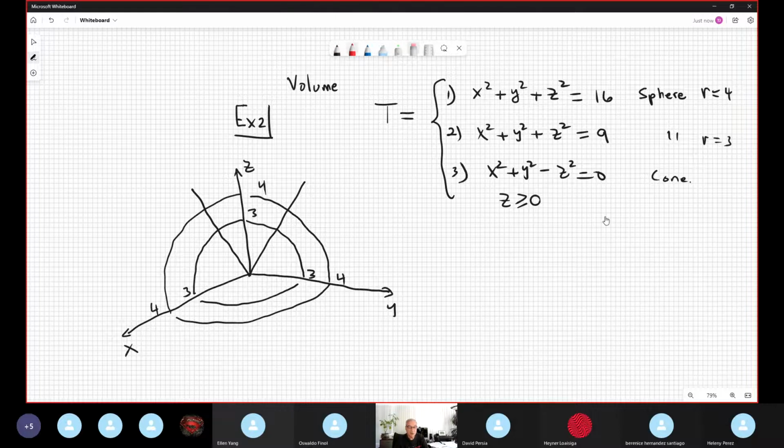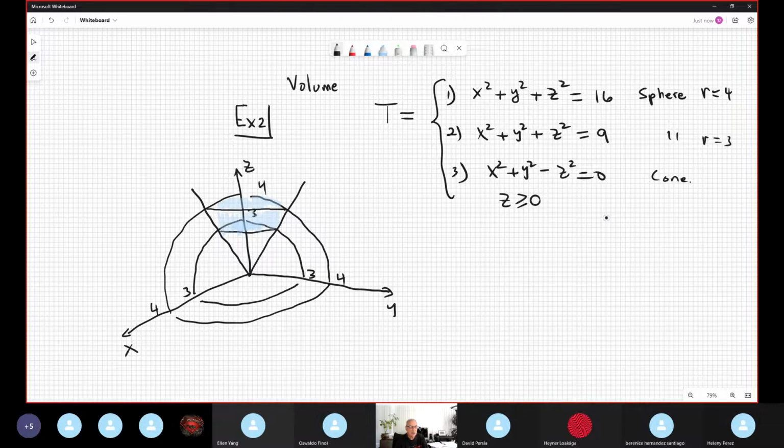Okay, so now, using my imagination and common sense, my solid is formed by something like that. Let me try to do my best. We have here one piece of the sphere. We have here one piece of the cone, lateral, and we have here one piece of the sphere.